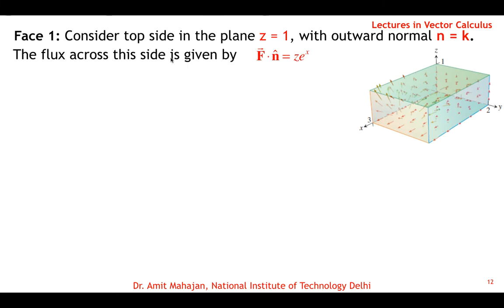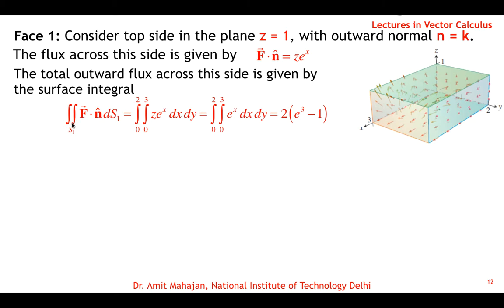So the flux across this side at any point will be F dot n. Because the F field is given and n is k cap, F dot n will be z e power x. So total flux out of this plane z equal to 1 will be the double integral over S1 of F dot n dS1, and F dot n is z e power x, so dx dy over n dot k, and n is also k, so k dot k is 1.